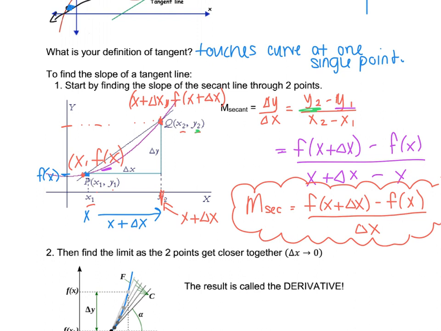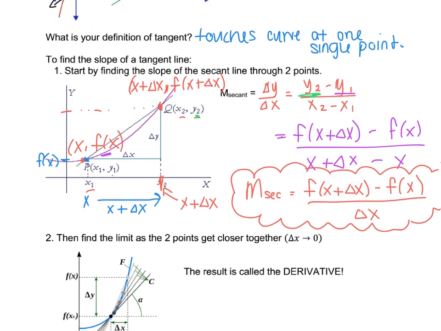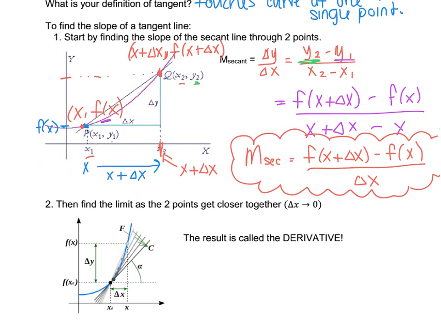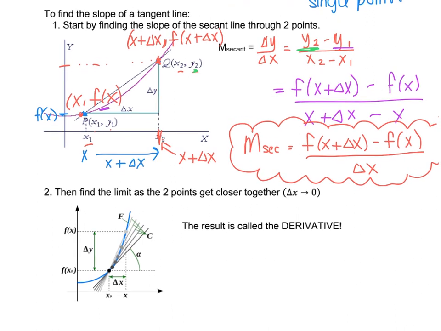Okay, so we've only started with the slope of a secant line, and our goal is to use the formula for that slope of a secant line to build the formula for the slope of a tangent line. And remember that tangent line is only touching the curve once. So what I want you to imagine, and it's hard to do this just on a piece of paper, but all of these several lines here, so follow my red dot here.